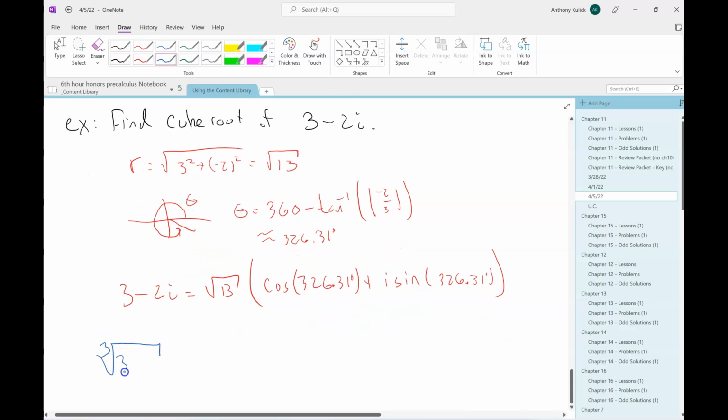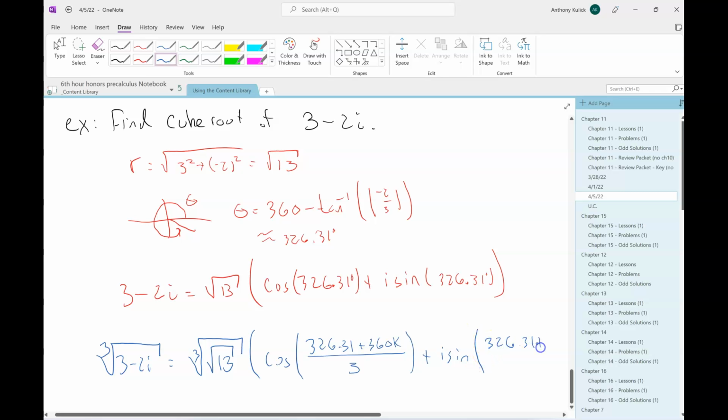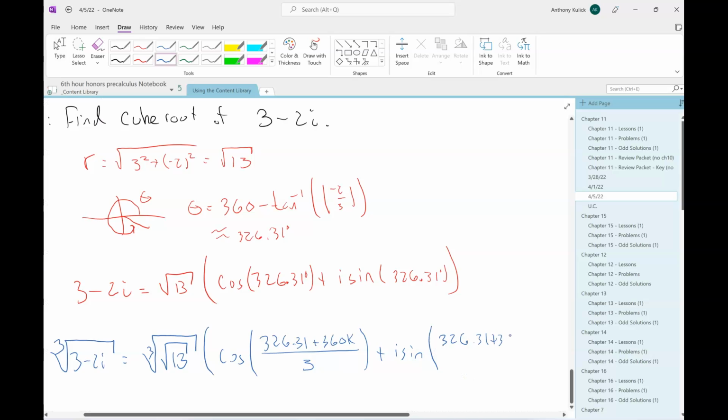To do the cube root now of this, we're going to have the cube root of r, then the cosine of 326.31 plus 360k over 3 plus i sine of 326.31 plus 360k over 3.